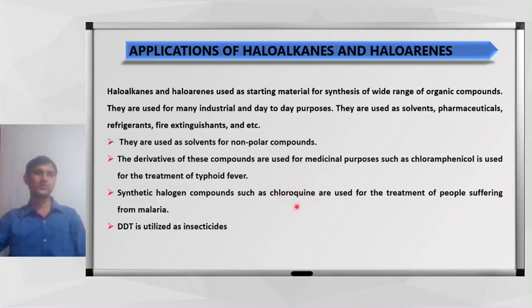Nowadays chloroquine is also used for the treatment of corona. Chloroquine is used for the treatment of those suffering from malaria. And DDT is utilized as an insecticide. DDT means dichlorodiphenyltrichloroethane. It was used as an insecticide, but nowadays it is not used.